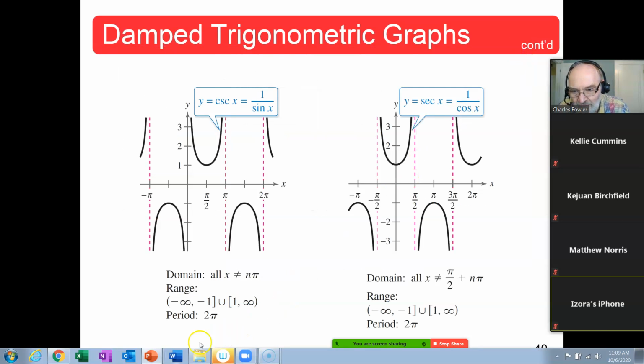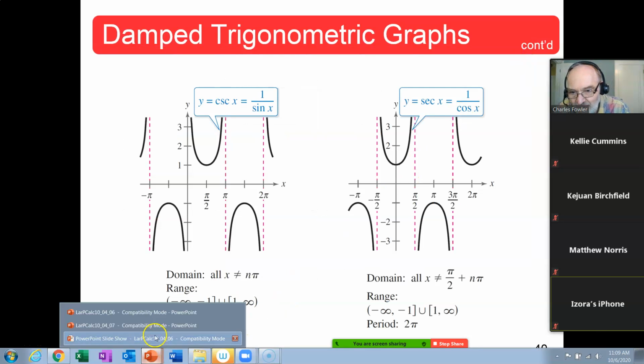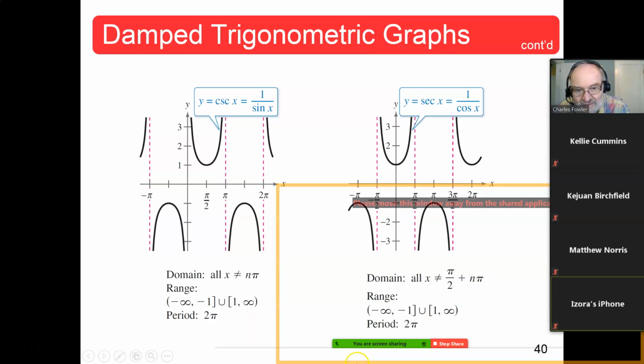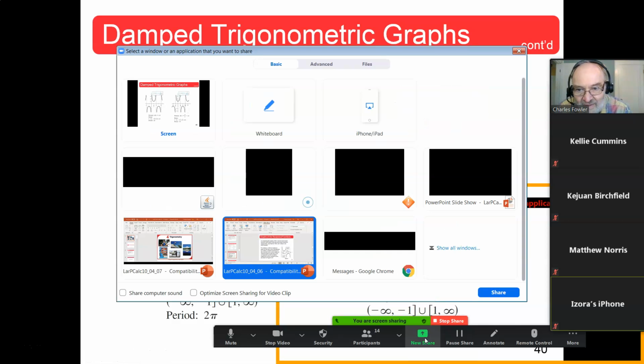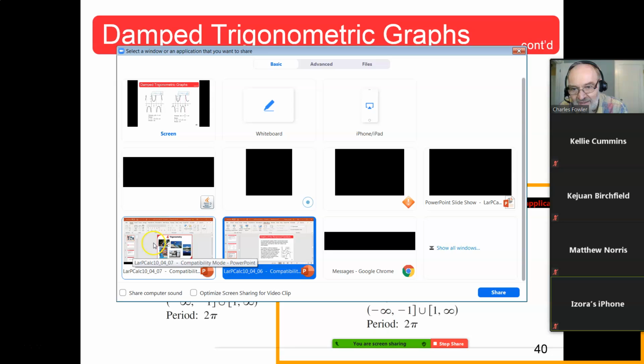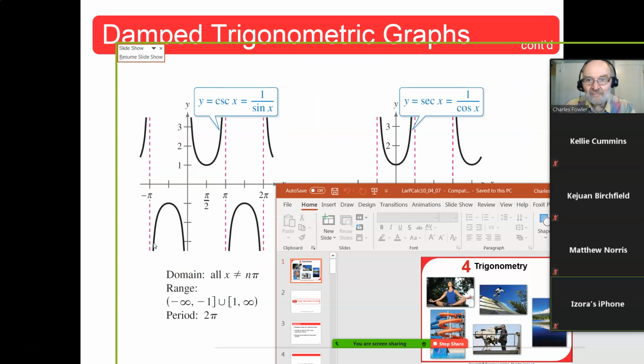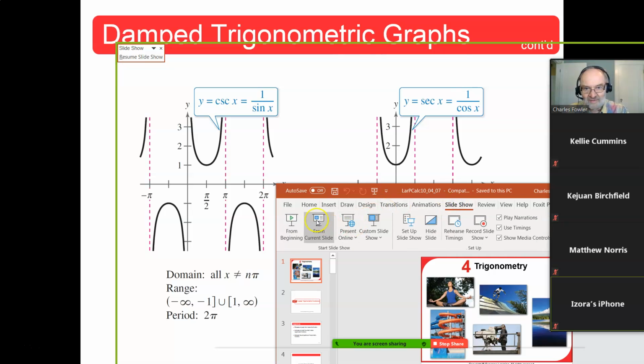This is so awkward. Go back here. Now do a new screen share. Let's see if that works. There's 4.7. Okay. Now, we'll go from current slide. So let me just do that.